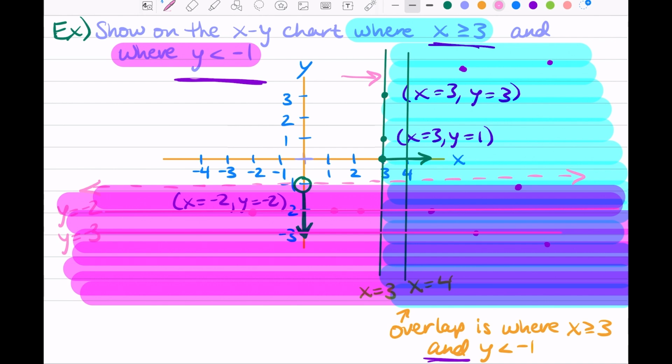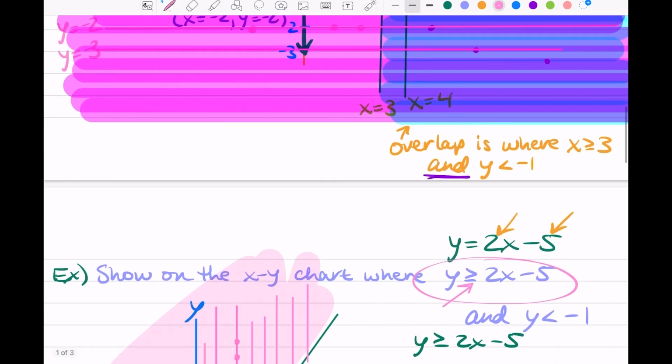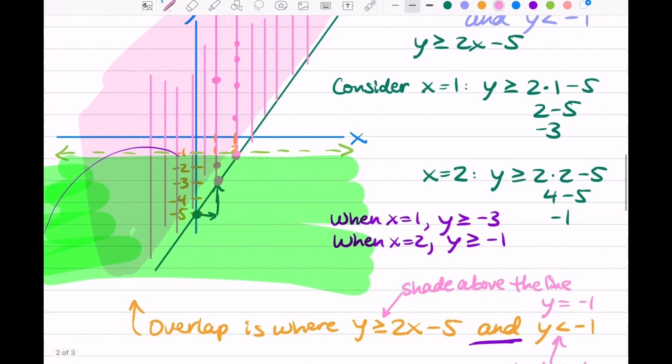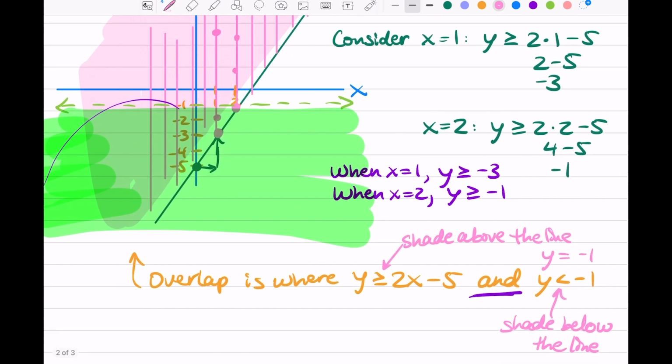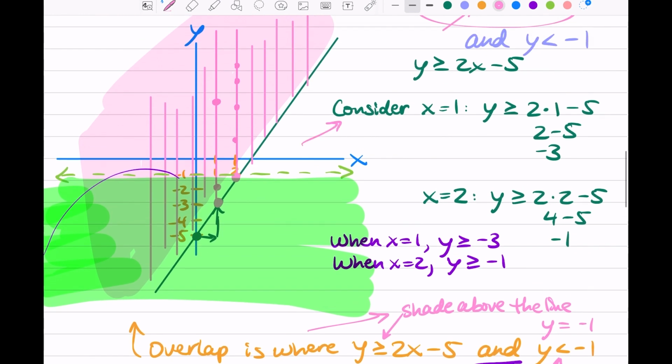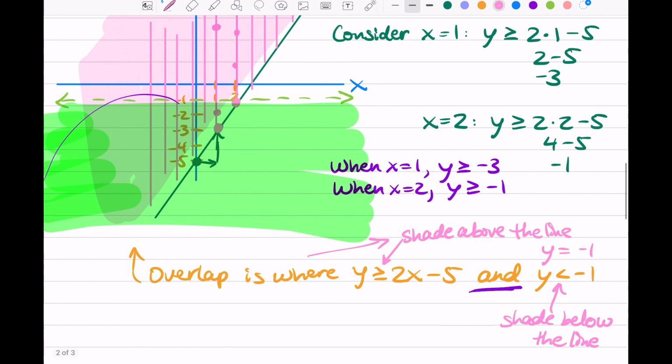And same with the pink region. We started with just our number line and we went left and right because that's just where different x's are. So with inequalities, when we combine them, we end up getting regions. And go ahead and think about this idea of shading above and below the line. It's a great tip instead of having to pick points every single time, and it'll help you get through homework just a little bit quicker.